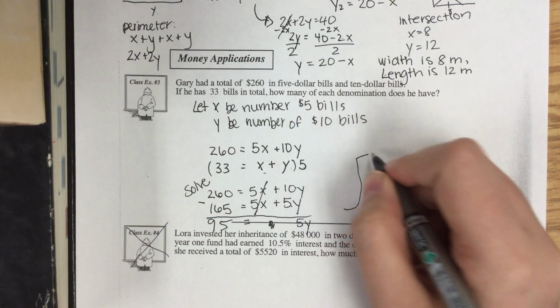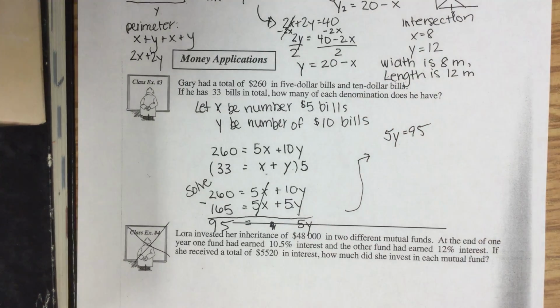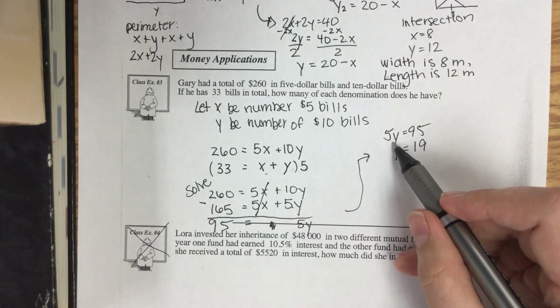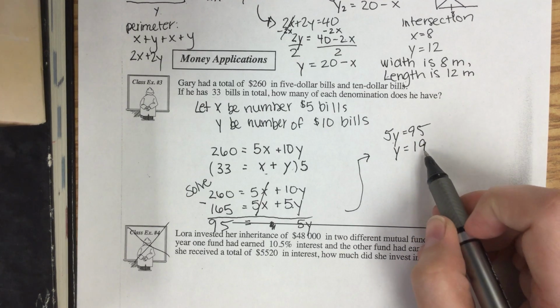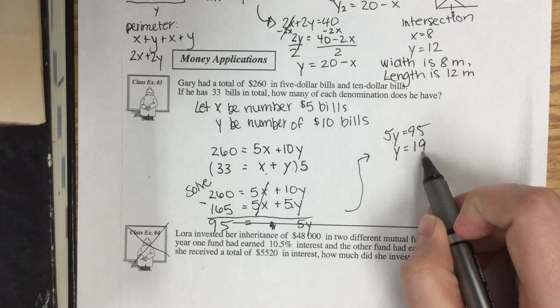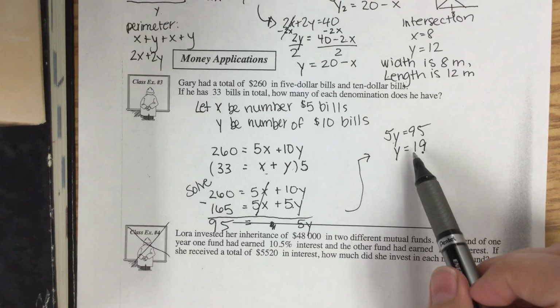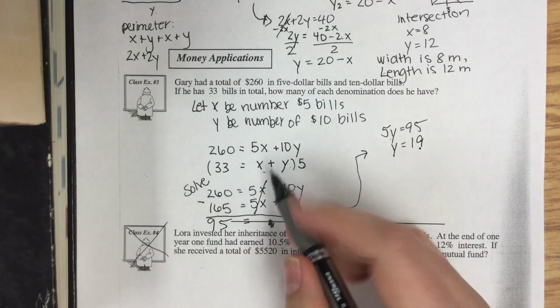I'm going to carry my work up here. 5y is equal to 95, which means I need to divide both sides by 5 so that y equals 19. And so once I have y equals 19, I can choose an equation, my choice, to solve for x. I've already got y. I need the other half of this pair. I'm going to choose the number of bills one, the 33.